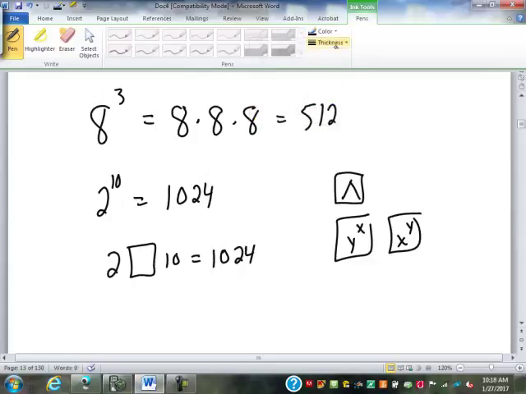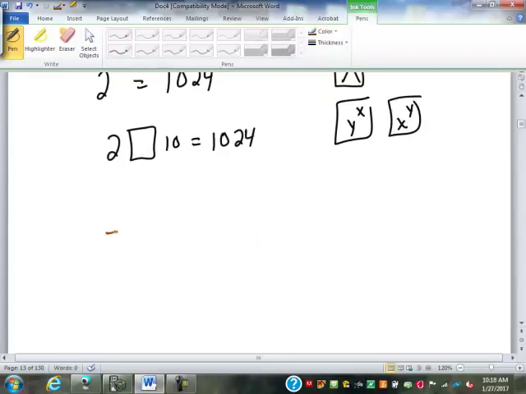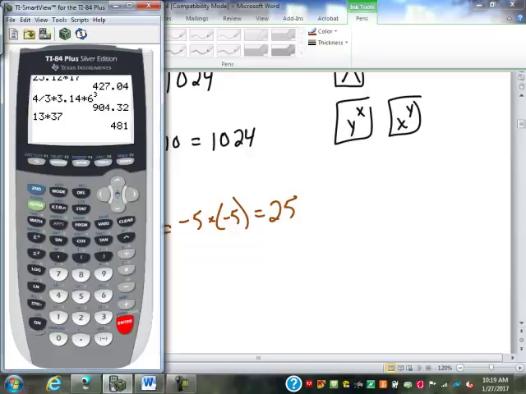A word of caution here. Negative 5 squared. Well, what's negative 5 squared? It's negative 5 times negative 5. What's that come out to be? Positive 25. But let me show you something on my calculator. This is the negative key right down here, by the way.